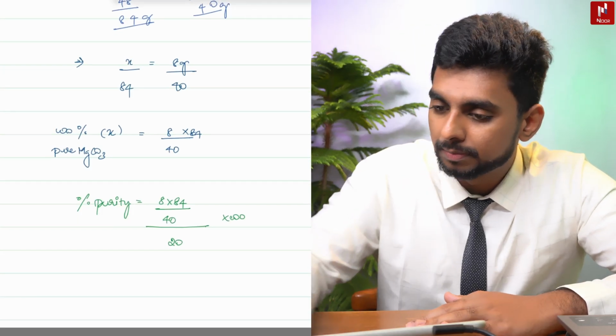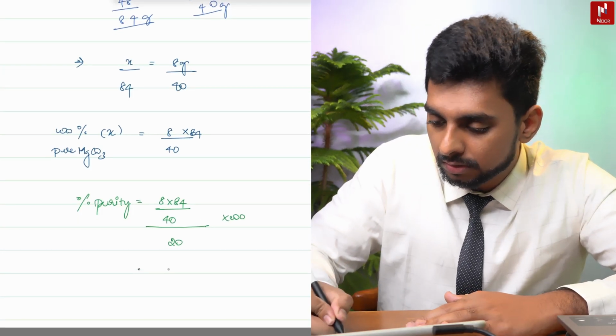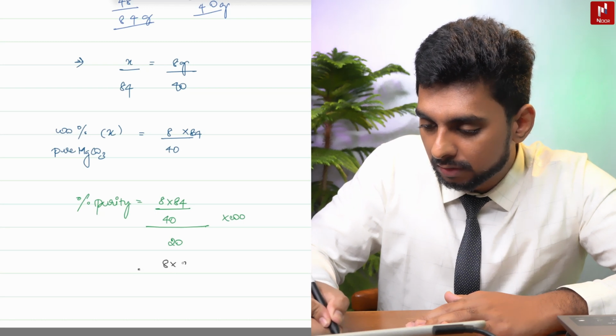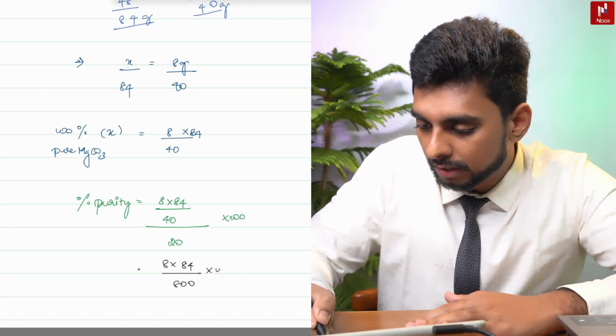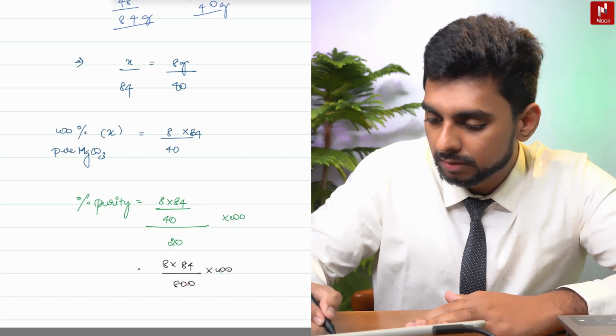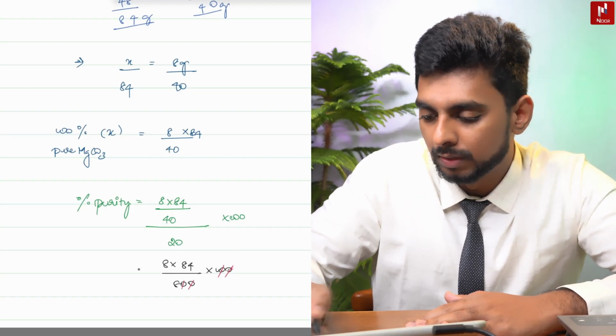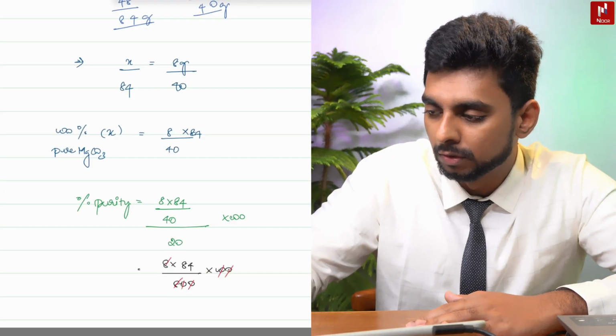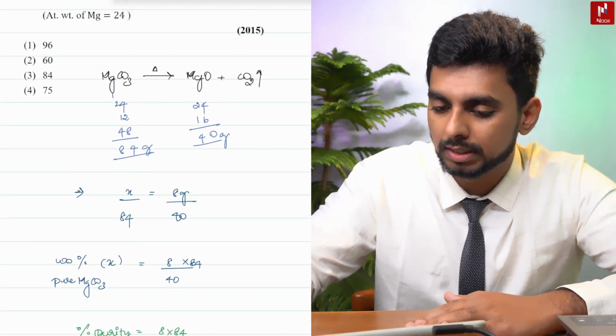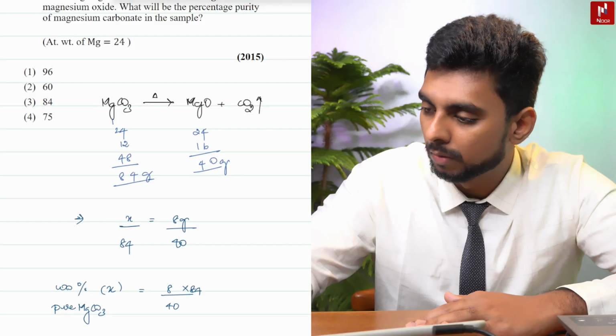Let me write one more step so that we cancel this. You will have 8 into 84 divided by 800 into 100. If I cancel this, the zeros will get cancelled out, the 8s will get cancelled out, and then you'll just be left with 84. So the percentage of purity over here is 84%, which is option 3, right?